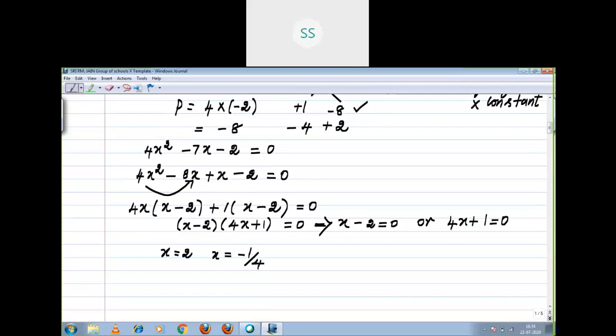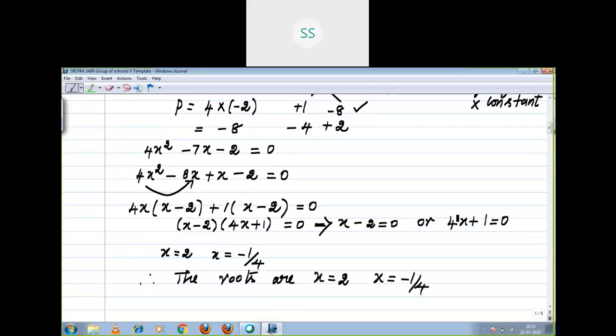Right, children? Did you understand the concept I taught? Again, I repeat, you have to listen carefully. If you have any doubt, you raise your hand, I will explain. What are the roots? 2 comma minus 1 by 4. Therefore, the roots are x is equal to 2, x is equal to minus 1 by 4.